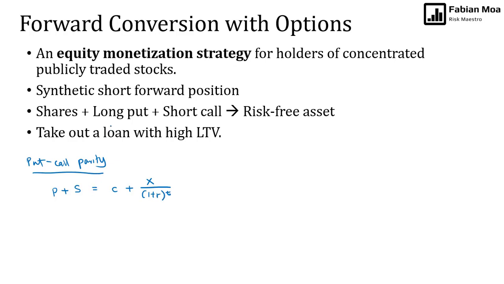Now, in this case, if you long a put and you short a call, this will be equivalent to the value of the risk-free bond minus the value of the underlying share.